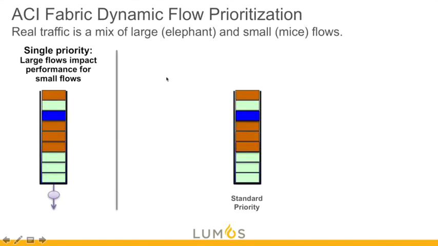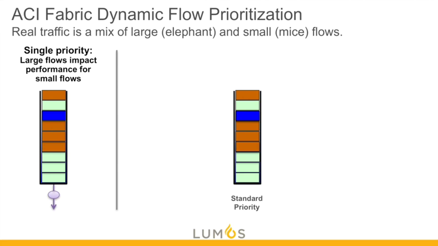Another innovation is the concept of dynamic flow prioritization. Real traffic is typically a mix of elephant flows and mice flows. The problem is that mice flows are typically far more sensitive to drops and to latency than the elephant flows.